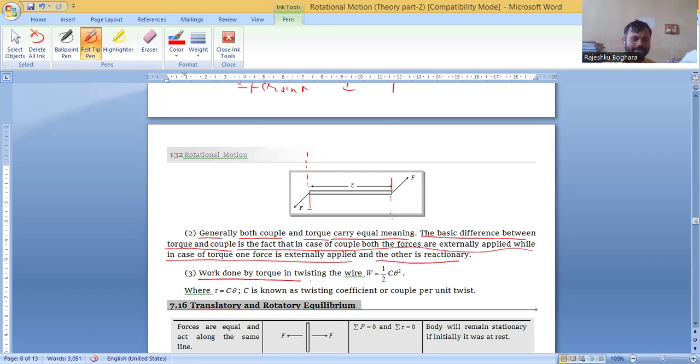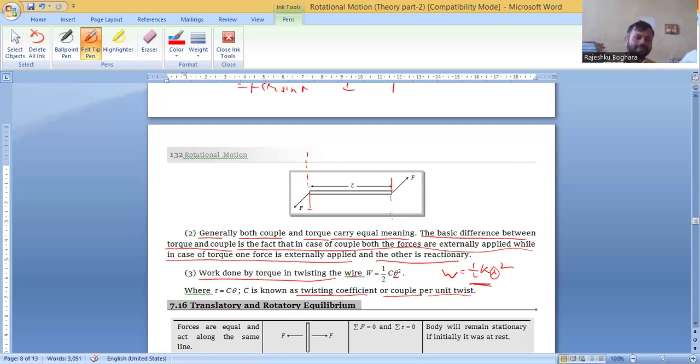Work done by the torque in twisting the wire is W = 1/2 kx², same like a spring. Here C is the constant twisting coefficient, the couple per unit twist, and x in a spring is linear displacement.